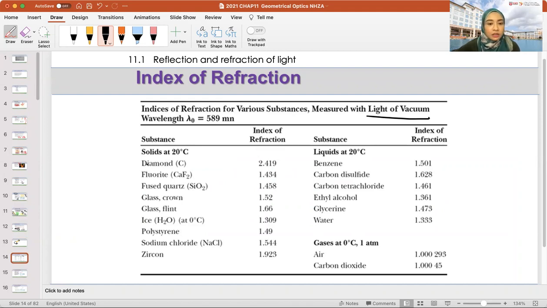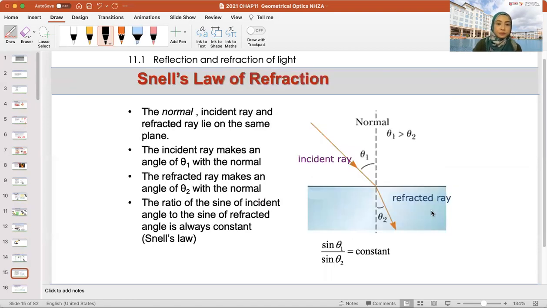They found that the index of refraction for diamond is 2.419, and for gases such as carbon dioxide, it is close to 1. This is why they approximate it to just equal to 1. And for liquids, such as water, it is 1.333, a little bit higher than air, but not too high. Diamond is very dense.